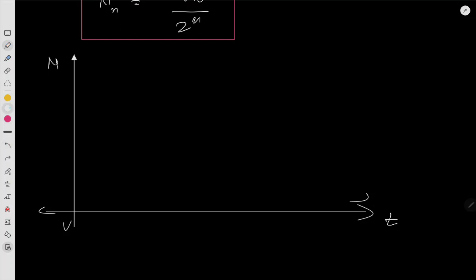Let me draw it with a bright color. Yes, this is a perfect graph, a stunning one, and it starts at some constant. It isn't infinity actually.